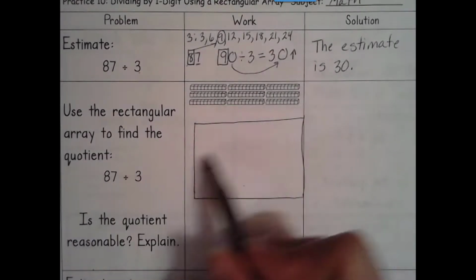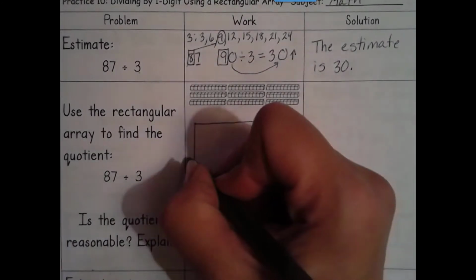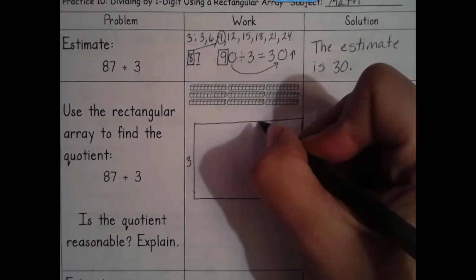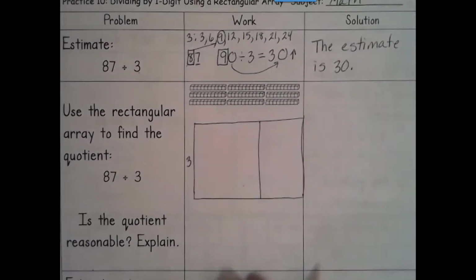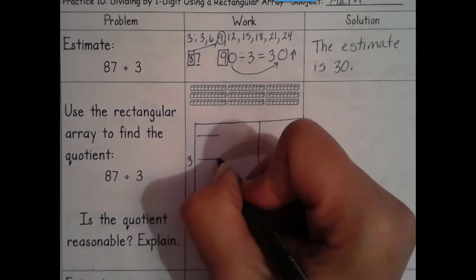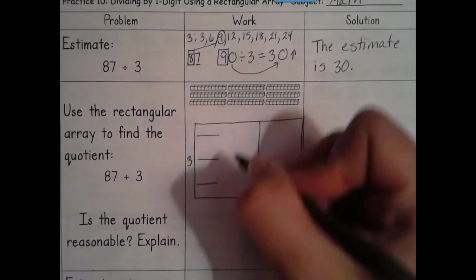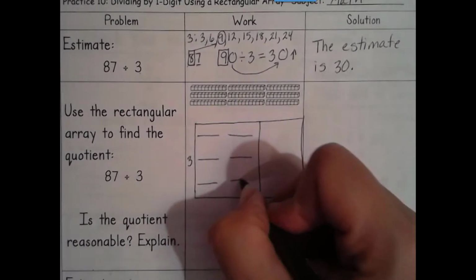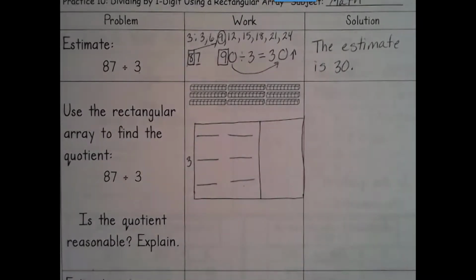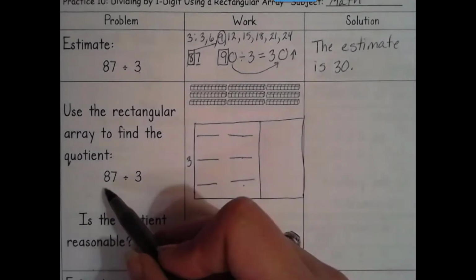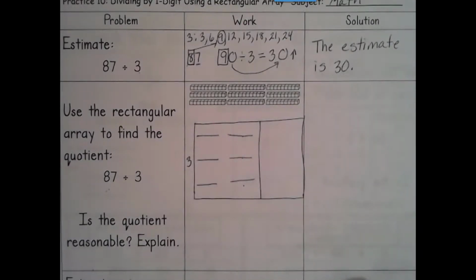So we need to have 87 inside of here, but we want 3 groups. So with those 3 groups, I can do 10, 20, 30, 40, 50, 60. If I did 3 more, it'd be 70, 80, 90, and that takes us too high.